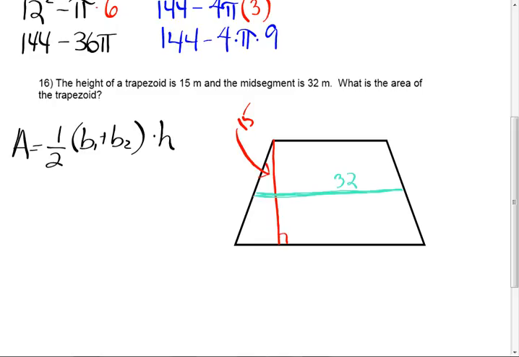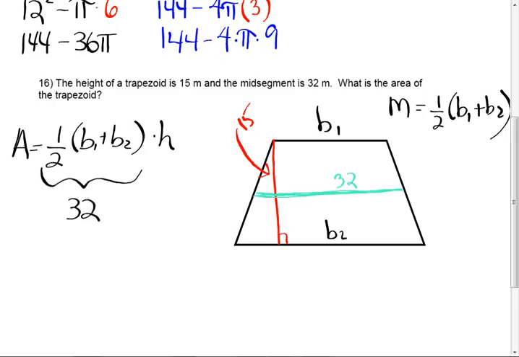Well, the mid-segment, that 32, is half of the sum of B1 plus B2. So I'll call it the mid-segment M. It's 1/2 of B1 plus B2. It's the average of those bases. So in place of this, I can put in 32, and I know the height's 15, and I don't know what 15 times 32 is, but I could probably figure it out. And that's it. So this is equal to that length of that mid-segment.